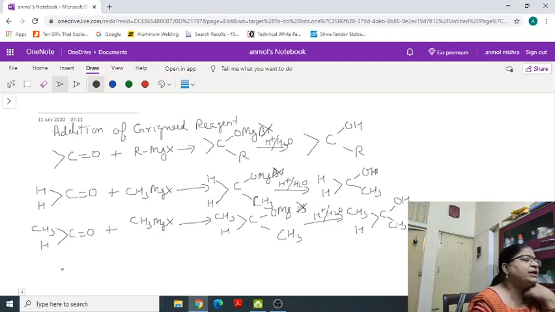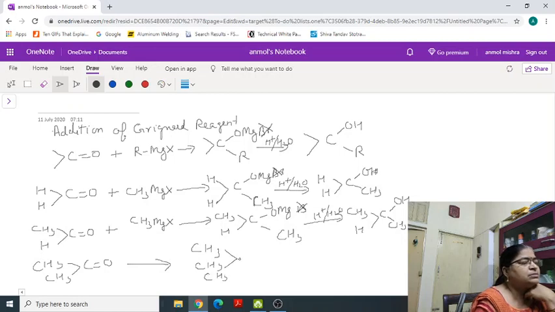And if you will take ketone, similar reaction is there, only the alkyl groups we have changed, so it will form tertiary alcohol. So formaldehyde forms primary alcohol, acetaldehyde forms secondary alcohol, and ketone will form tertiary alcohol.